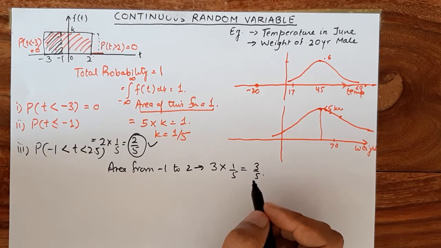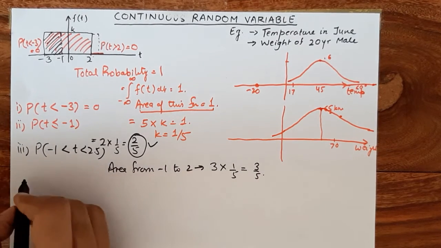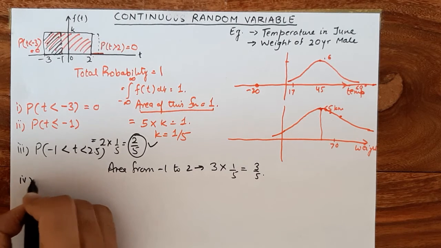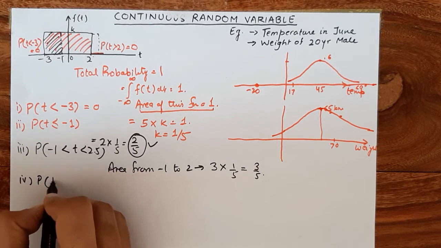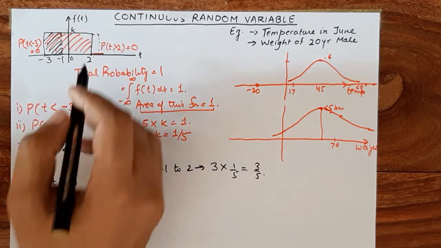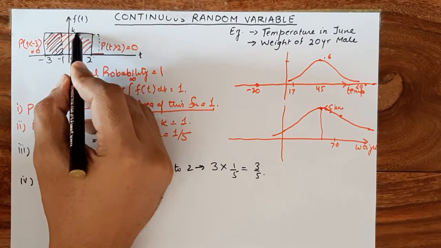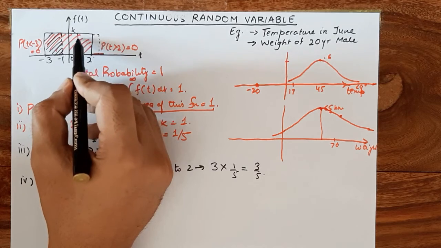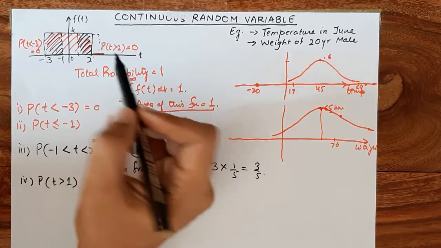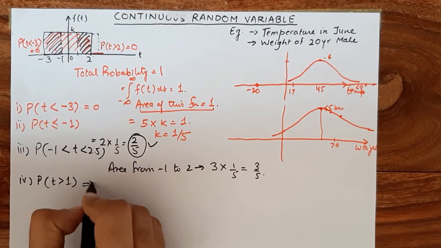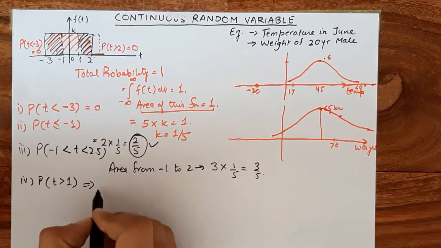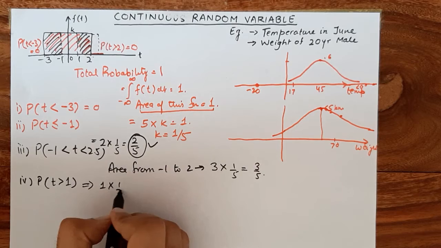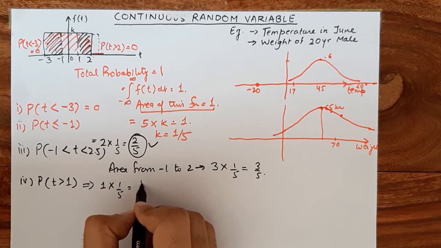Then you could be asked to find the probability for t greater than 1. For t greater than 1, we need to draw a line here and again find the area.